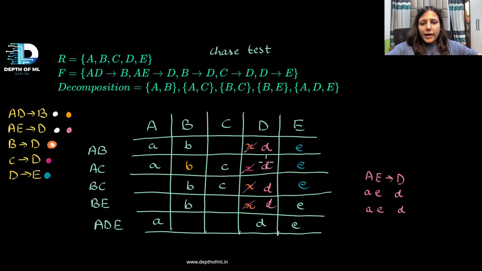Fine. And if you observe very closely, you will see that we have a complete row over here, right? So a complete row over here means that this is a lossless decomposition.